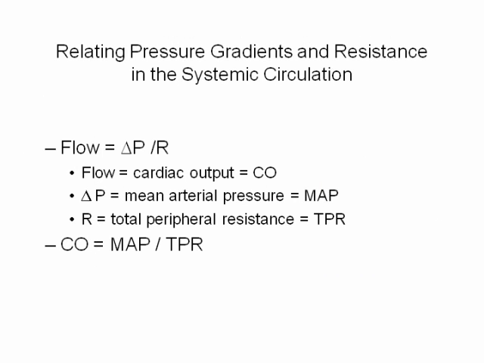So how do we relate these pressure gradients and resistance in the systemic circuit? Well, we said already, flow equals the pressure gradient divided by the resistance. What's the flow? It's the cardiac output. We've already studied this. This is, of course, heart rate times stroke volume. The change in pressure is the mean arterial pressure, or the pressure gradient, I should say, and the resistance is the total peripheral resistance.